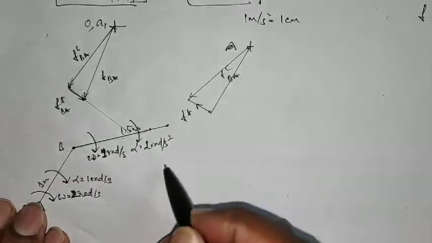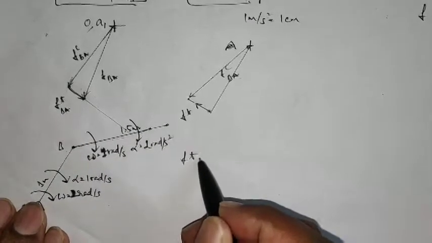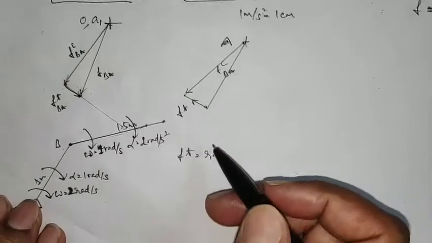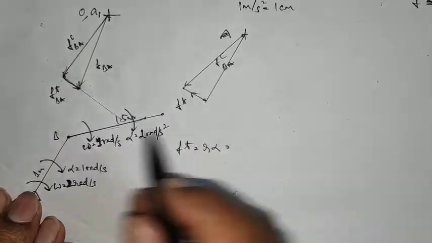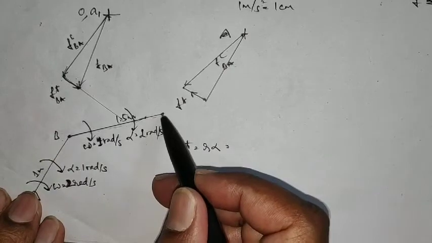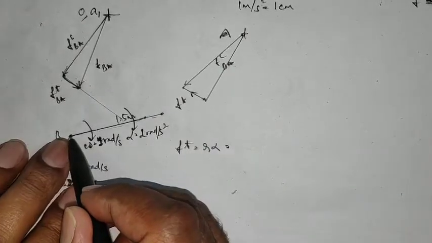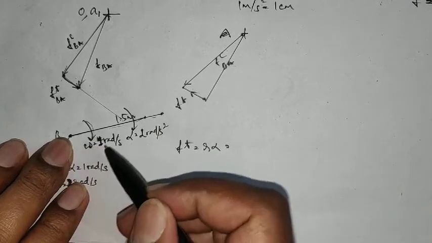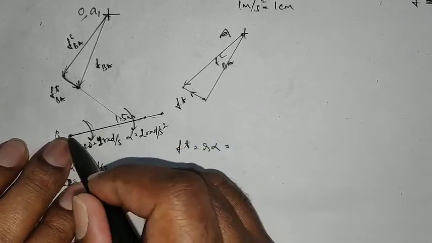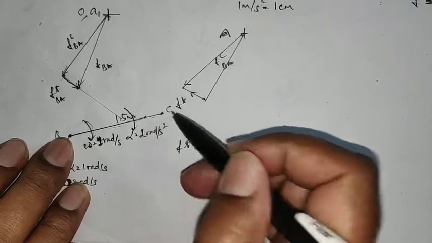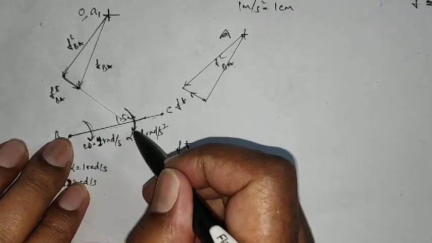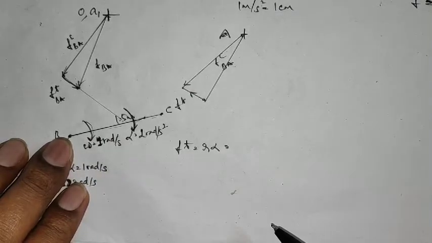According to the formula, the tangential acceleration is r into alpha. Here r means the length of the link. So forget about the first link. About the point B, this has an angular velocity of 1 radian per second, and about the link B, the point C, let us call this point C, has an angular acceleration of 2 radian per second square.